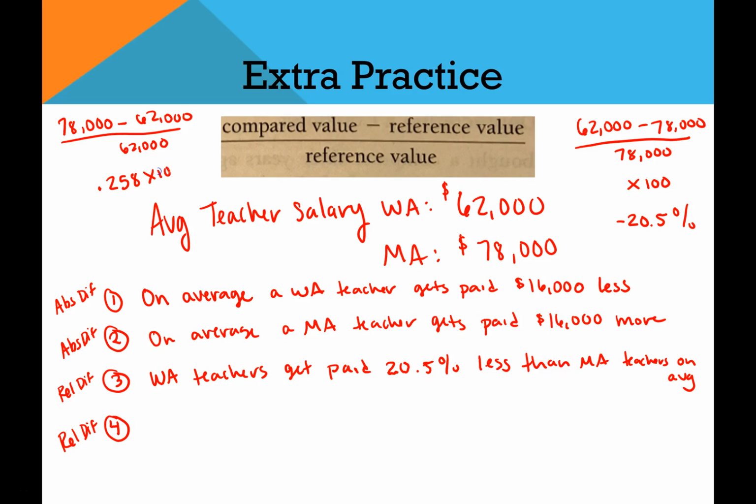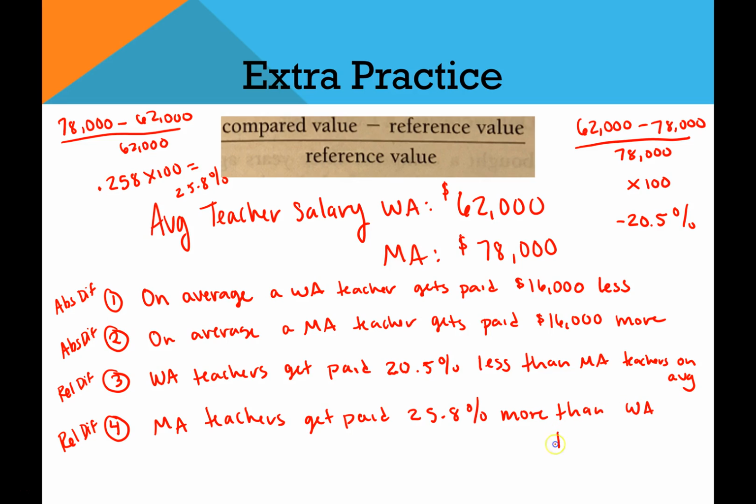I multiply that by 100. And I get 25.8%. So now I have a positive answer, which means instead of saying a less than in my sentence, I'm going to say a more than. So I'll say Massachusetts teachers get paid 25.8% more than Washington teachers on average.